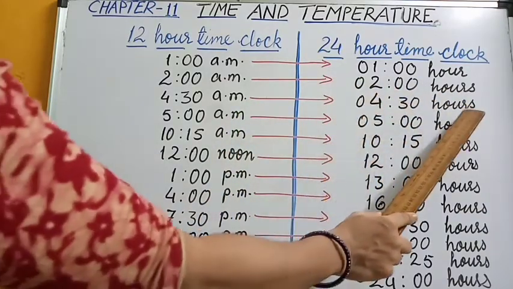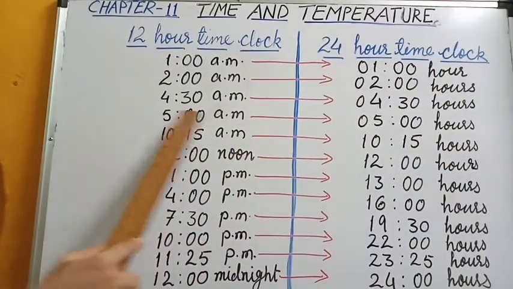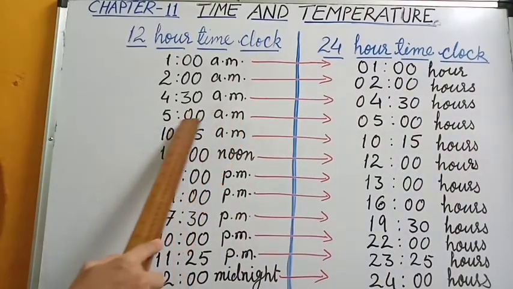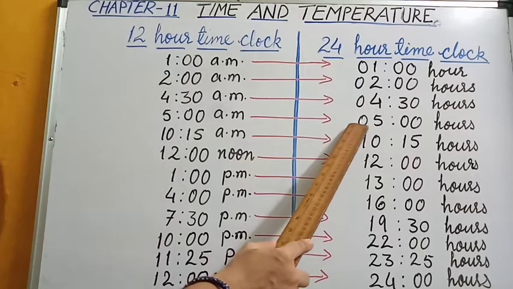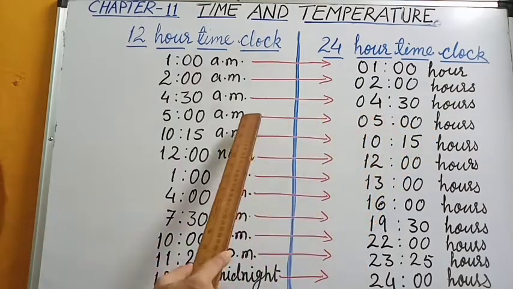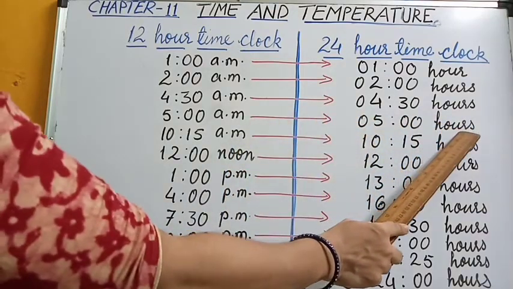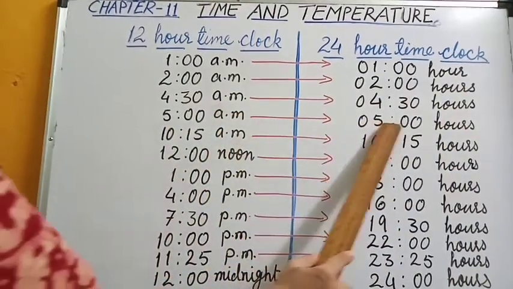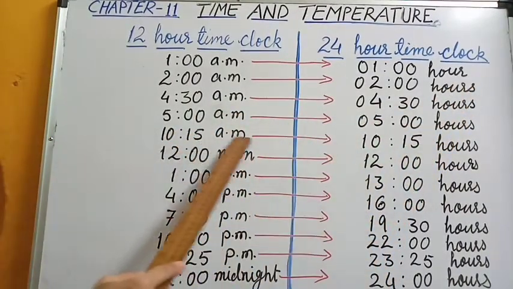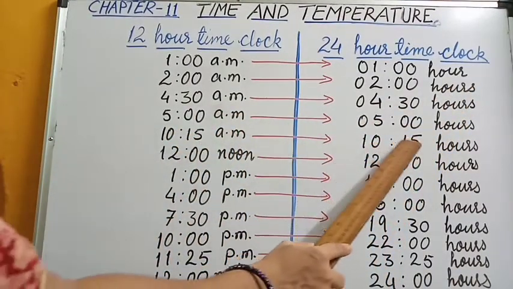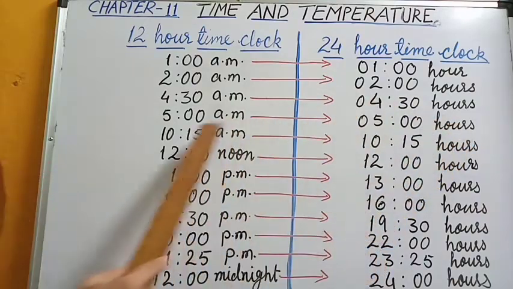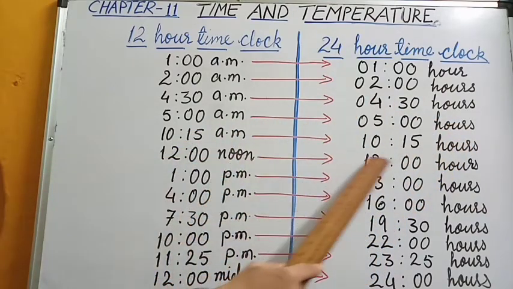So 0430 hours. Now 5 AM, again as it is we write digits 0500, remove AM and add hours. So 5 AM is 0500 hours. 10:15 AM is 1015 hours. 12 noon, 1200 hours.